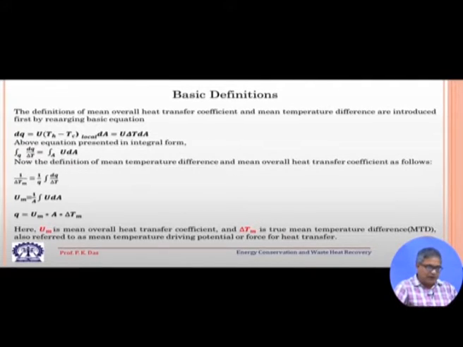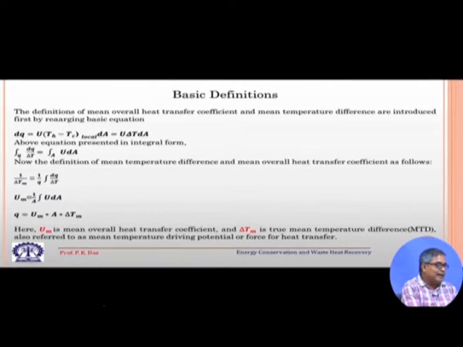Now, generally we assume the overall heat transfer coefficient to remain constant along the length of the heat exchanger. At least our discussion will be limited to those kinds of applications where we can consider the overall heat transfer coefficient to be constant over the length.